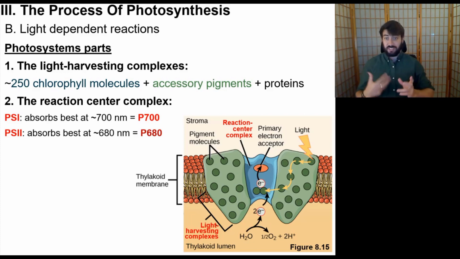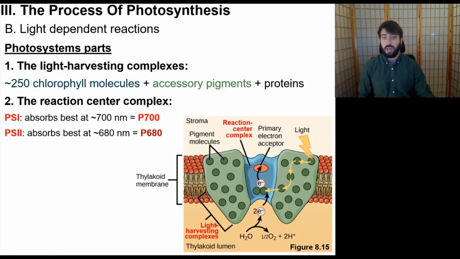There are also accessory pigments to help pick up stray energy, and proteins for structural purposes. These light harvesting complexes capture the light energy by exciting a pigment molecule and then pass that energy between pigments until it reaches the reaction center complex.